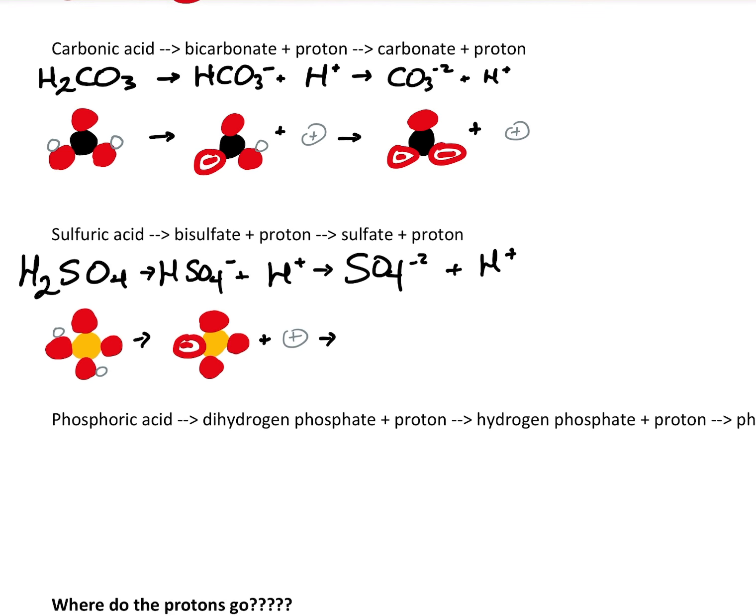And we still have a hydrogen on this oxygen here. So that can do another dissociation, which is going to result in a sulfate ion with 2 oxygens that are negatively charged now. One there, and then that second proton has been released.